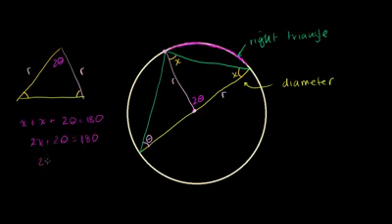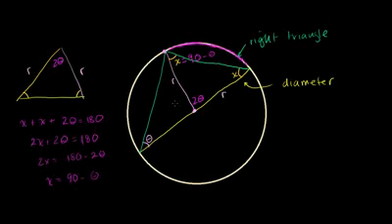Or we get 2x is equal to 180 minus 2 theta. Divide both sides by 2, and you get x is equal to 90 minus theta.